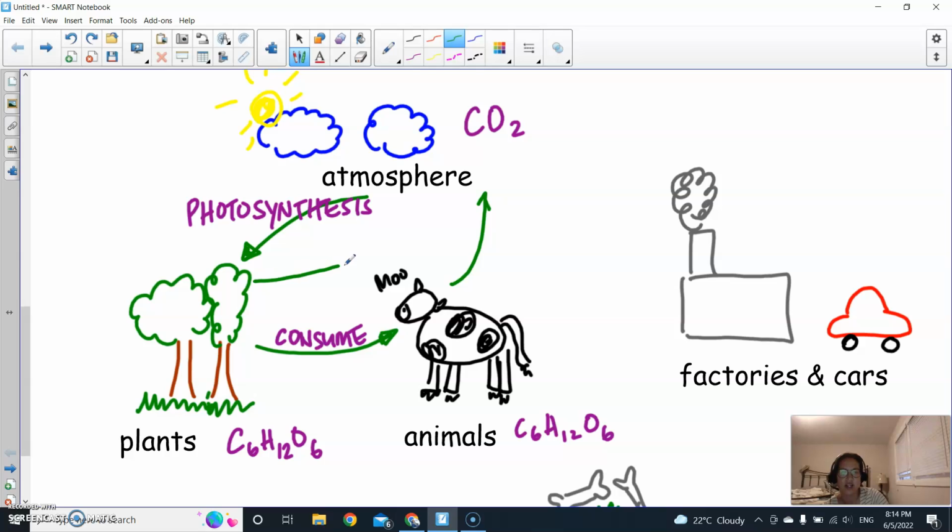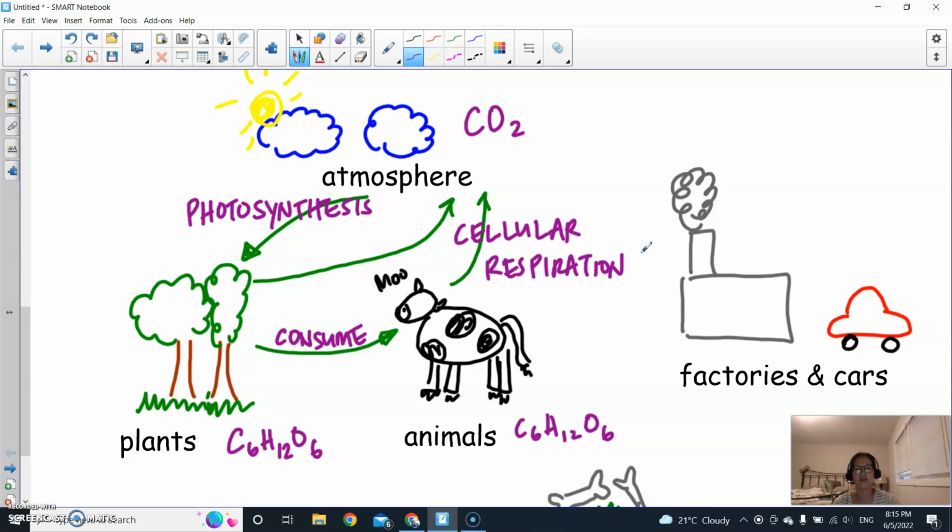We're doing the process of cellular respiration. Please pause this whenever you need to, because I know this is quite a bit.